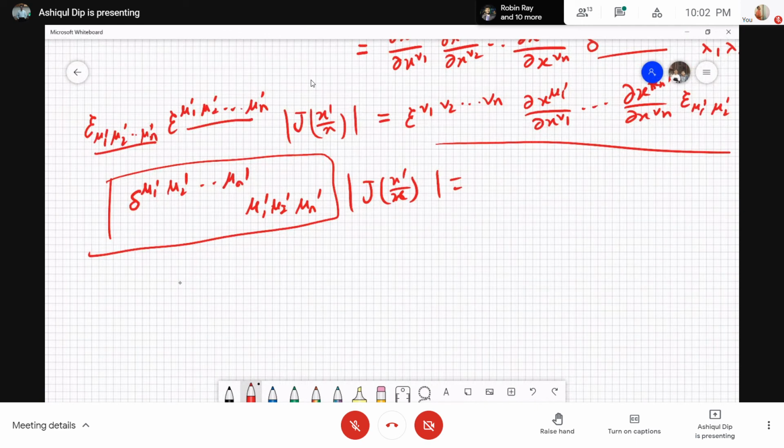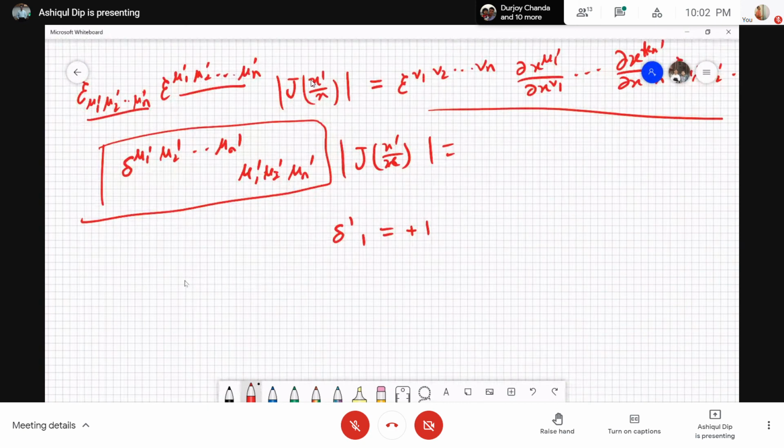Okay, let's see what happens in 2 dimensions. That will give us more confidence. Or 1 dimension first. In 1 dimension, how many possibilities do you have? Just one possibility, Kronecker delta 1 1, so the result is 1. Then for 2D, you could have Kronecker delta 1 2 1 2 plus Kronecker delta 2 1 2 1.